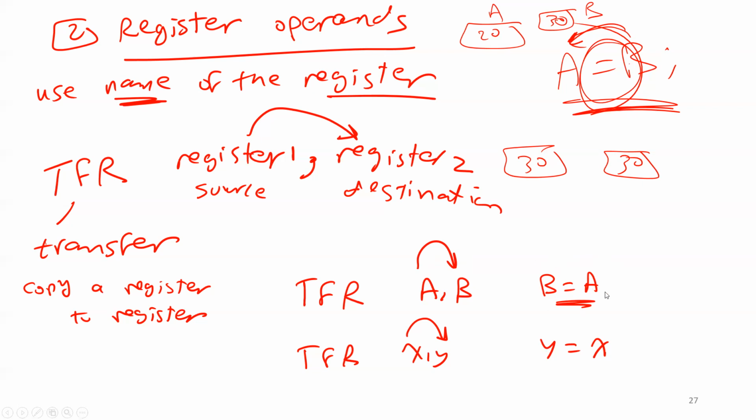I keep repeating because most programming languages have equal, but here instead of equal, we're going to use an instruction. So if I say transfer X comma Y, that means you copy X to Y. Is that okay? Again, that's also a very easy case.